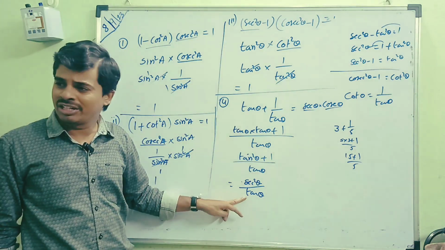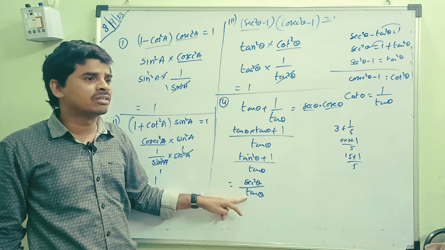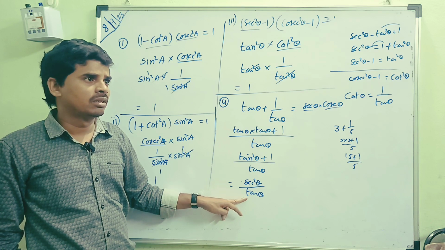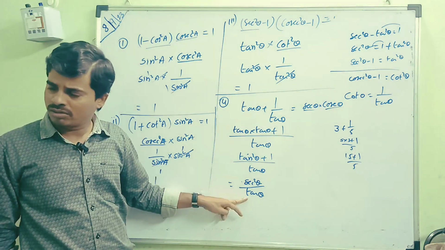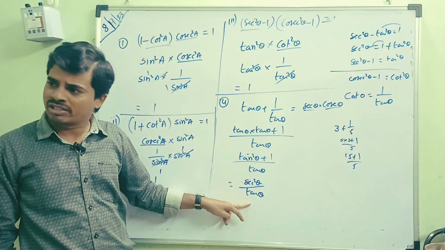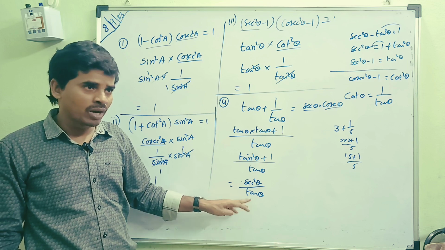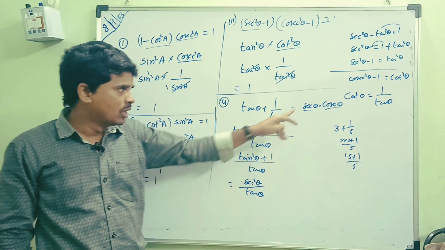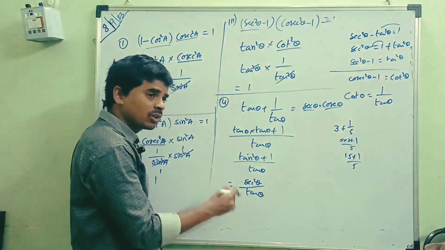Tan can be converted in 2-3 ways by using the identities. Tan can be converted into 1 by cot, and tan also can be converted into root of secant square theta minus 1. So there are 2-3 chances to convert, but why am I converting tan into sin cos?